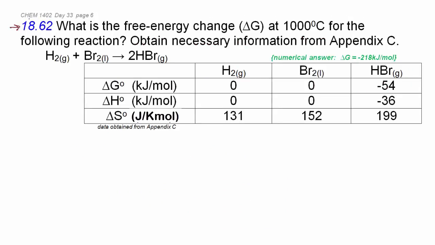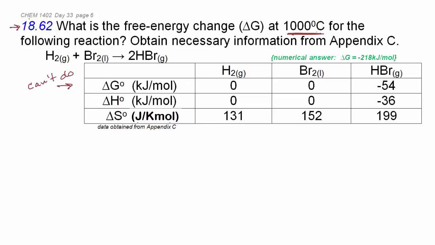What is the free energy change at 1,000 degrees Celsius for this reaction? Now we can't use just the table of products minus reactants because we're at 1,000 degrees Celsius.